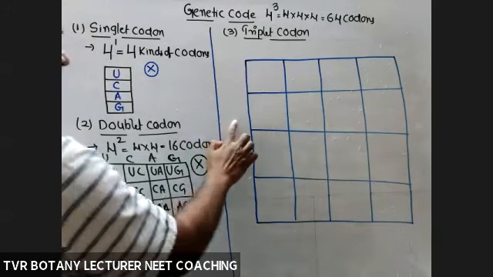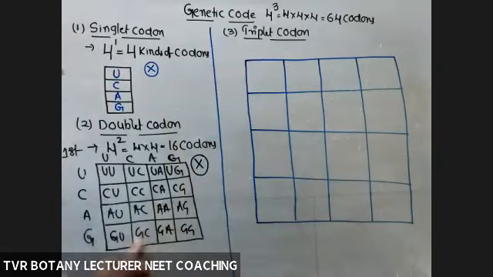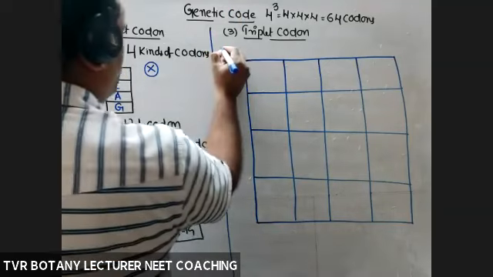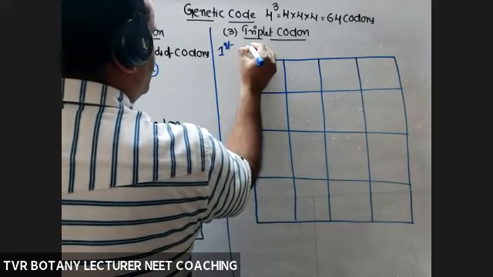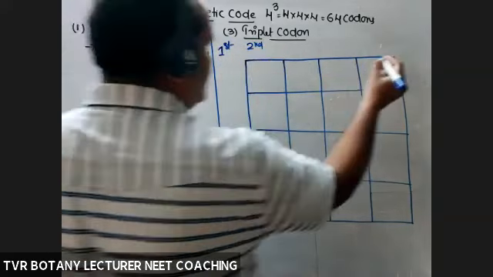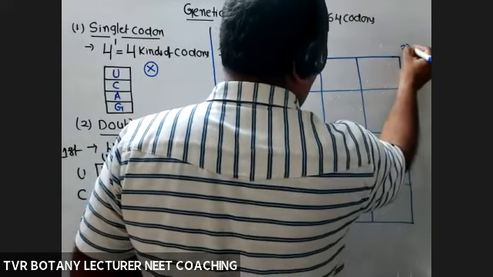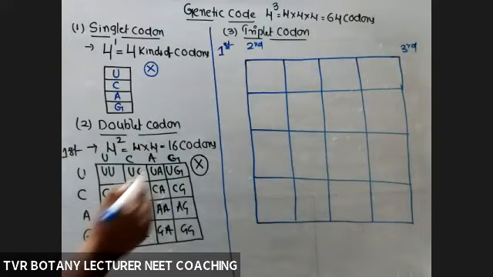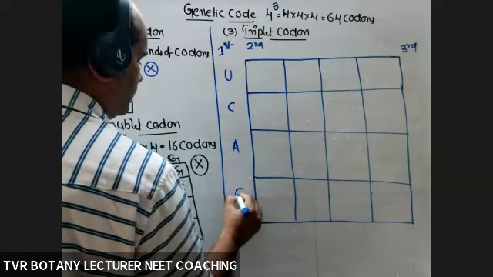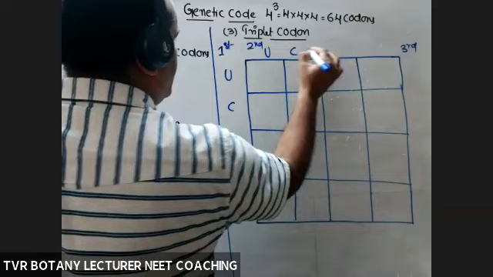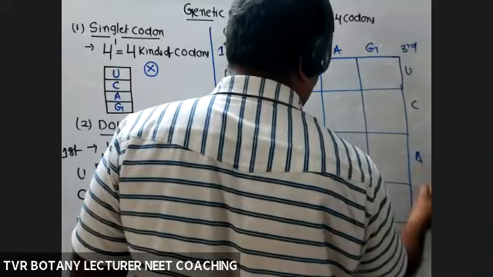First position, second position, third position. 3 times we have to use it. So this one, first position, second position of nucleotides of the same kind only. And third position, U, C, A, G. U, C, A, G.